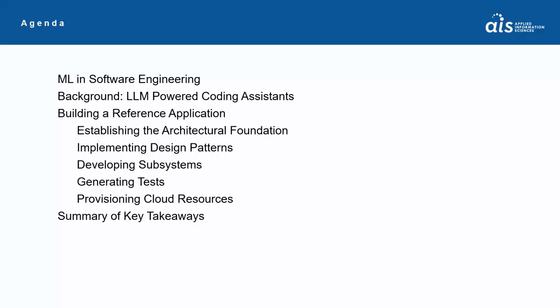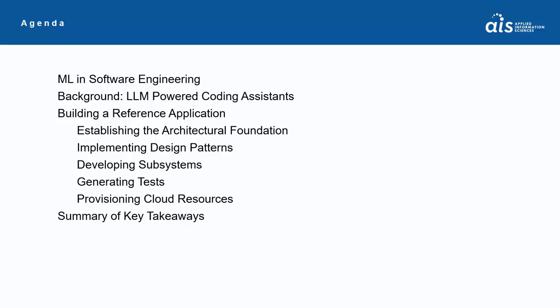Let us take a look at the agenda that we are going to follow for this video. I'll start out by sharing some of the experiments that I've conducted related to machine learning applied to software engineering. We'll quickly transition into looking at some research out there that talks about the productivity benefits of large language model powered coding assistants.